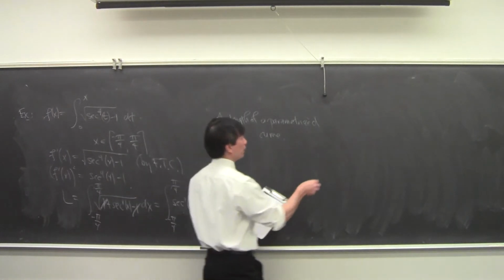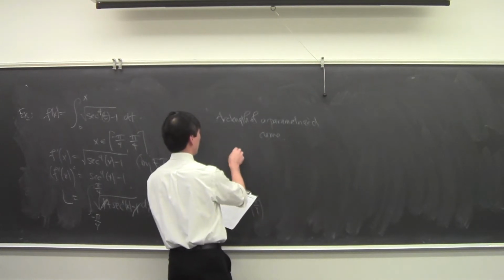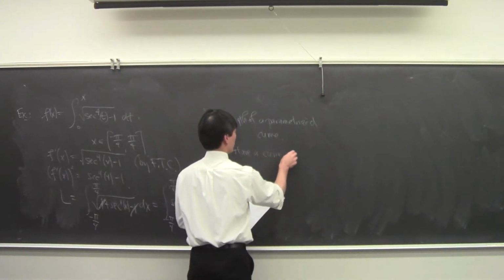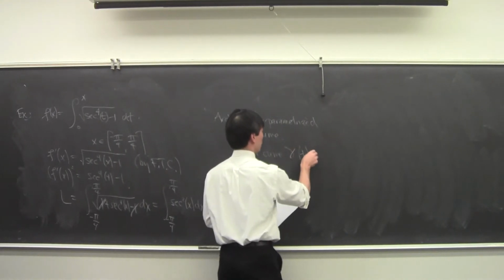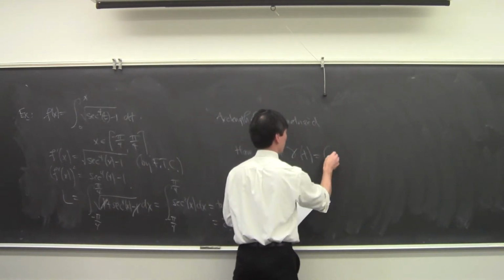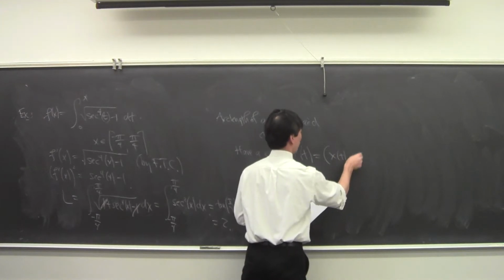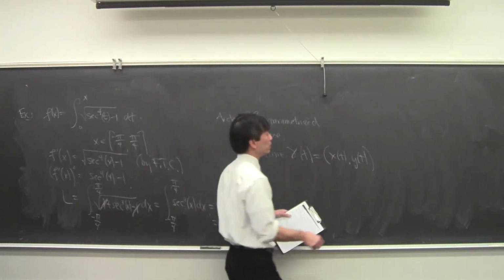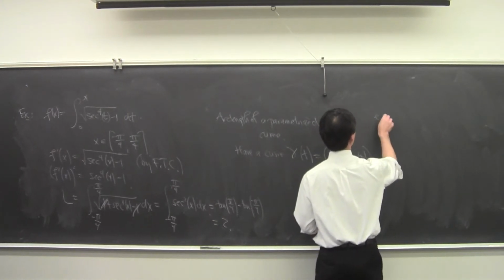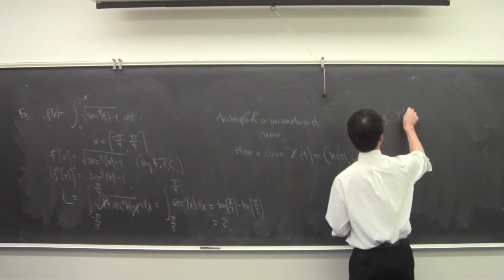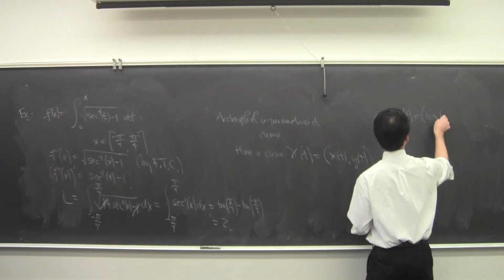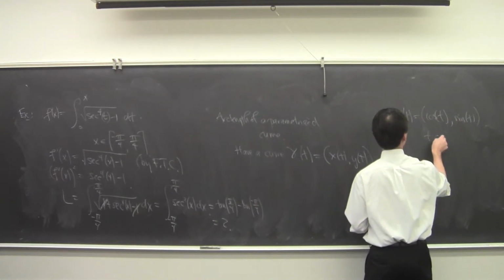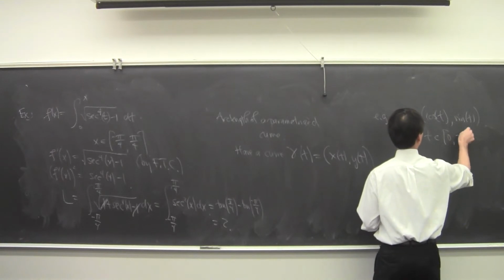Okay, so that is, you have a curve, gamma of t being like x of t, y of t. Okay, so for example, you could have something like gamma of t is cosine t, sine t, as t ranges from 0 to 2 pi.